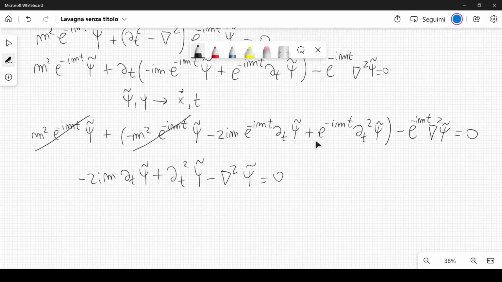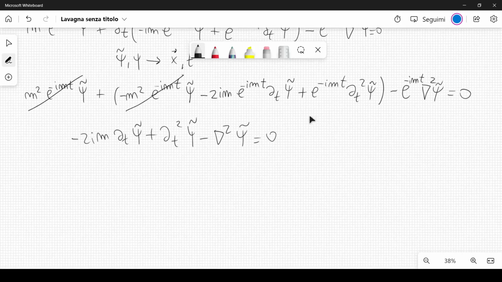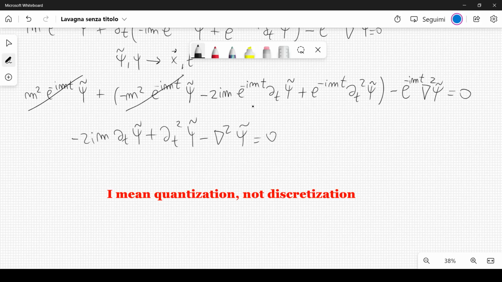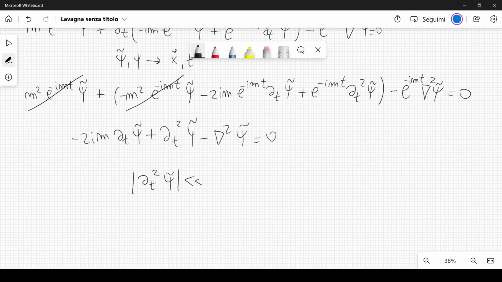Now, in the non-relativistic limit, we want to go back to quantum mechanics. In quantum mechanics in general, the velocities are much smaller than the speed of light because we do not have covariant equations. And also, the Schrödinger equation actually comes from a discretization of the classical energy. So what we need to consider here is that the modulus of dt squared psi tilde is much smaller than m times the modulus of dt psi tilde.